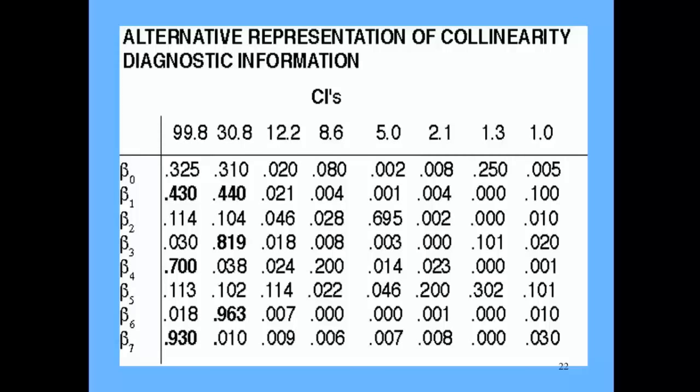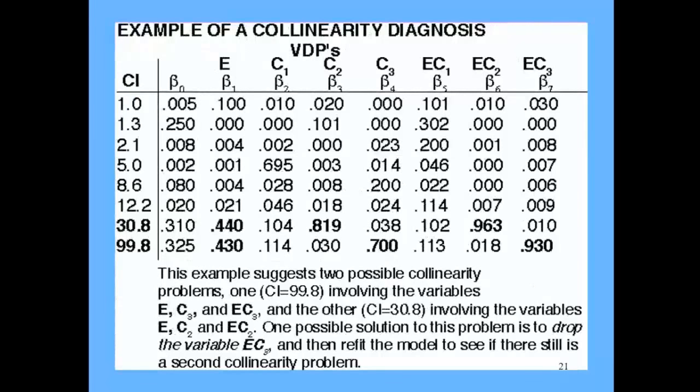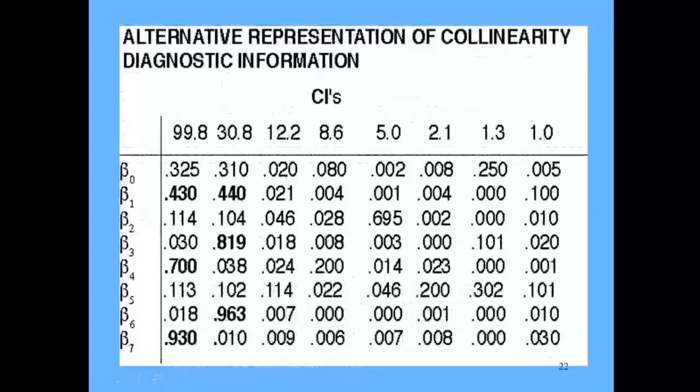Well, it turns out if you're doing linear regression and you're using the colin option, then this is the way it looks. If you're doing logistic regression, you can't use the colin option because it's not in there. Proc Logistic doesn't have it.